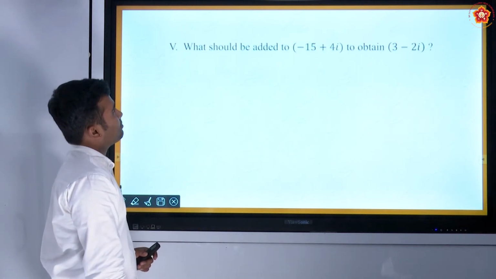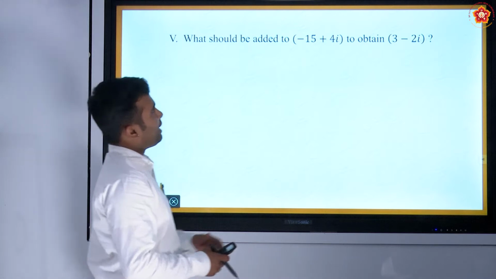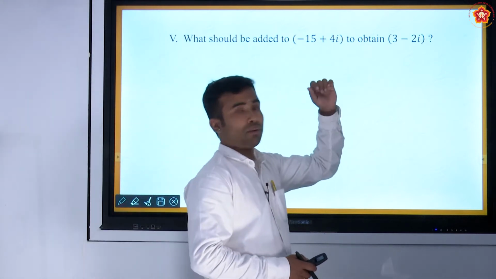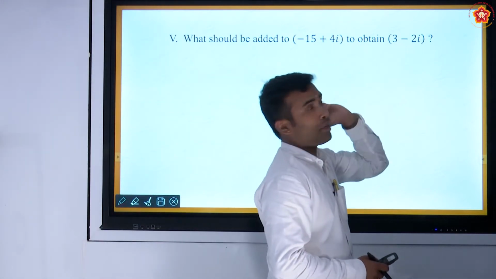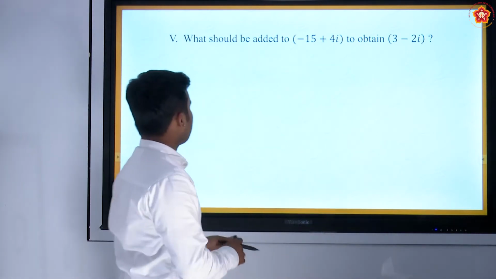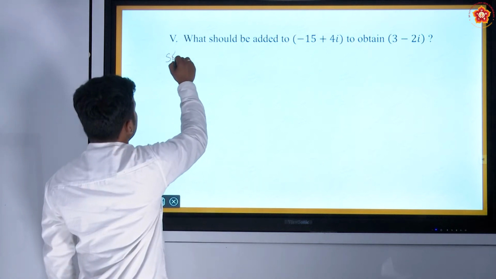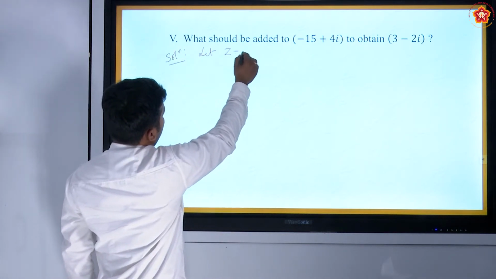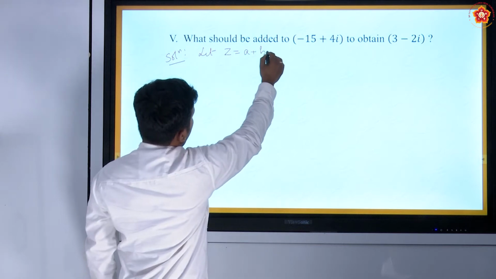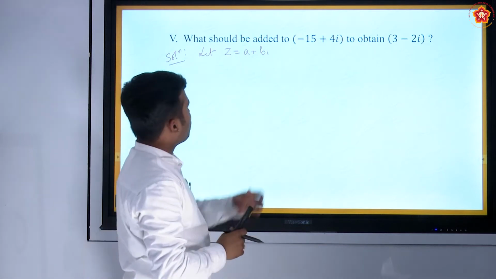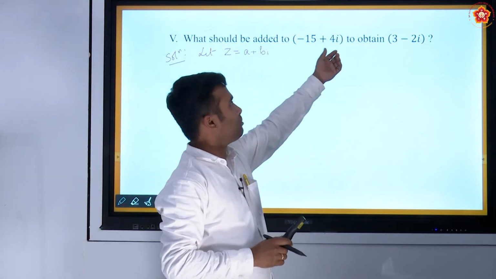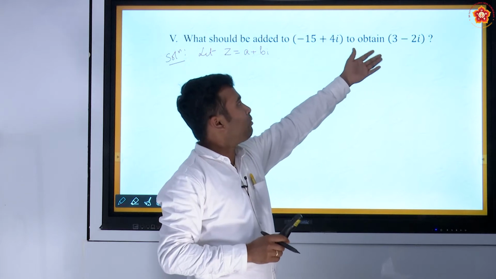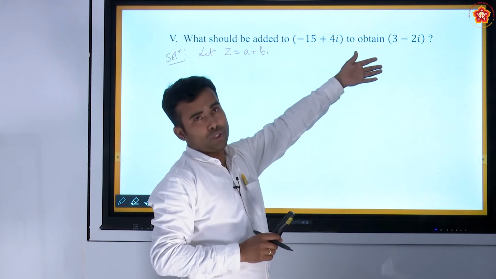Next, what should be added to minus 15 plus 4i to get 3 minus 2i? So let us solve this. To solve this, I will take some z equal to a plus bi, which I am going to add to this complex number so that I will get 3 minus 2i.